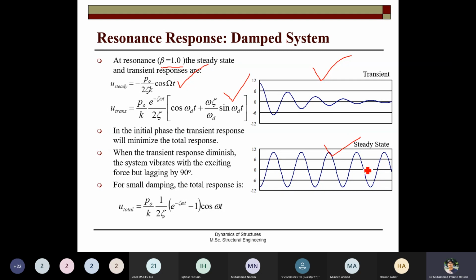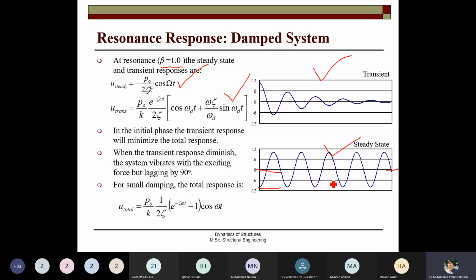So in the initial phase at resonance, the transient response will minimize the total response, but when the transient diminishes, the system vibrates with the exciting force but lagging by 90 degrees.